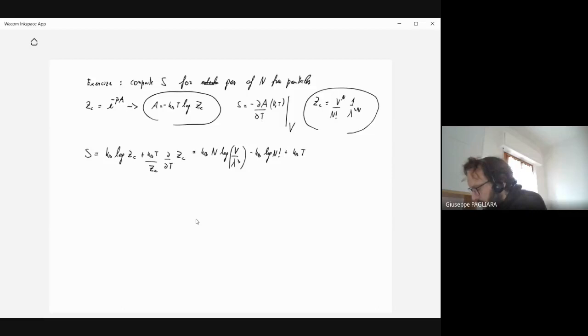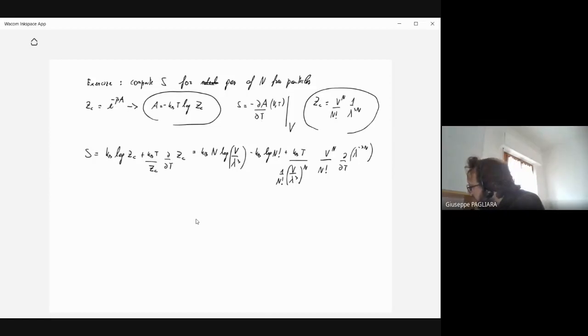And here, let me put all the factors there: kBT, then I have V over lambda cubed to the power of N, and here I have 1 over N factorial. And then I have the derivative with respect to T of this quantity, which is V to the power of N, then I have the N factorial, and the derivative with respect to T of lambda to the power of minus 3N.